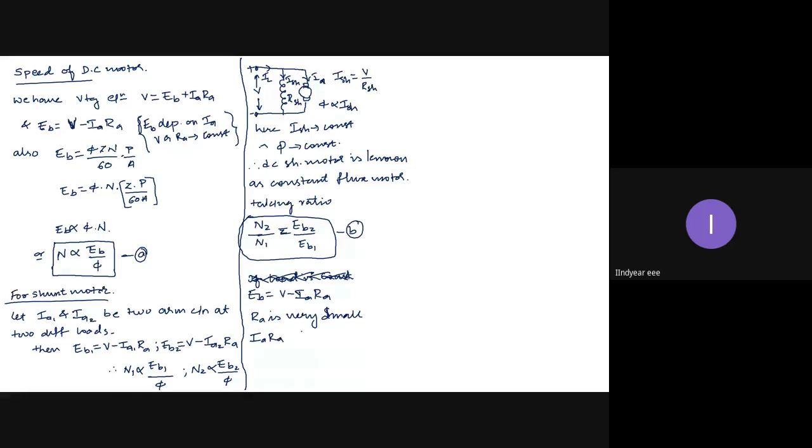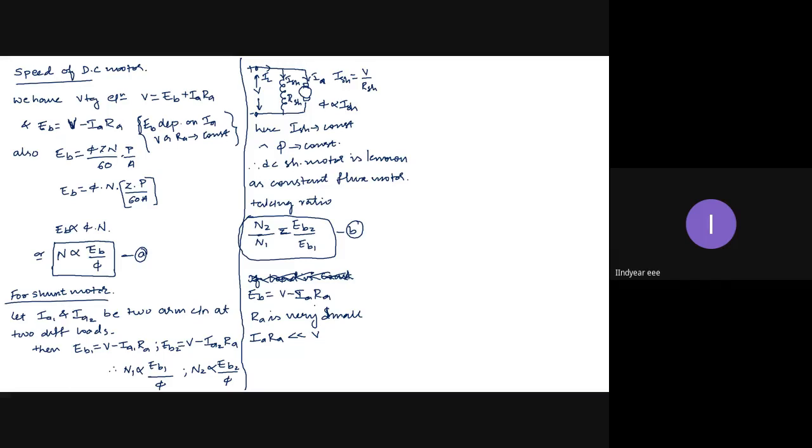IRA is much lesser than V. If RA is, sorry, 0.5 ohms, V is 220 volts, even if current is 10 amperes, what is IRA? 10 amperes into 0.5 is 5 volts. So 220 minus 5, 215, which is nearly equal to 220.